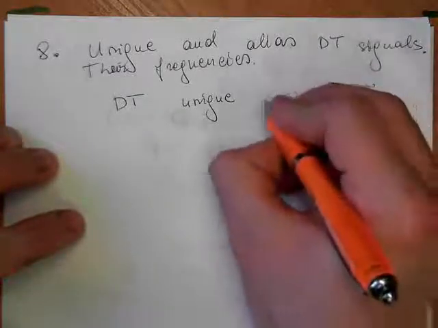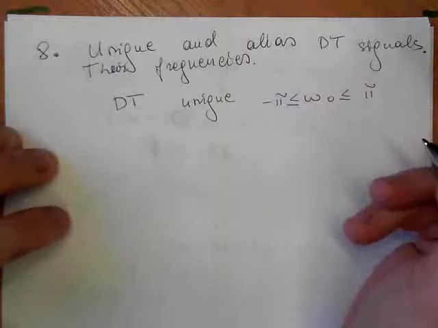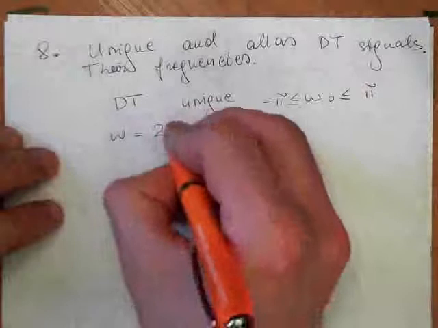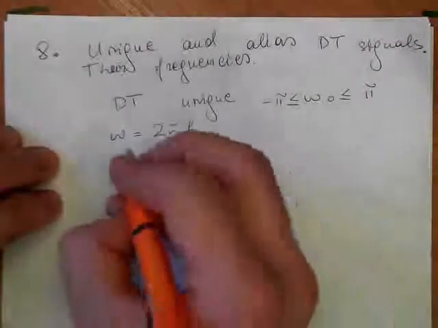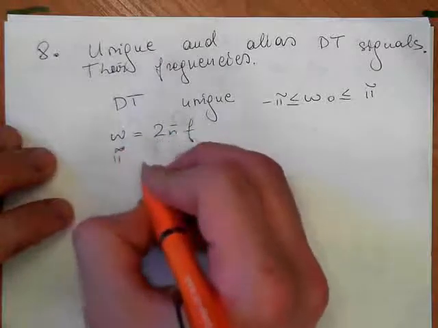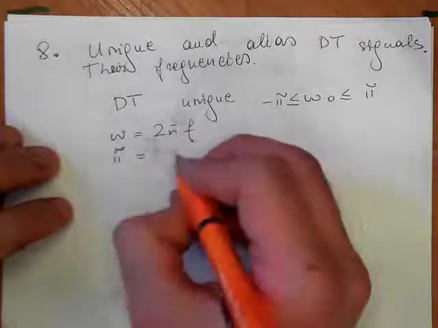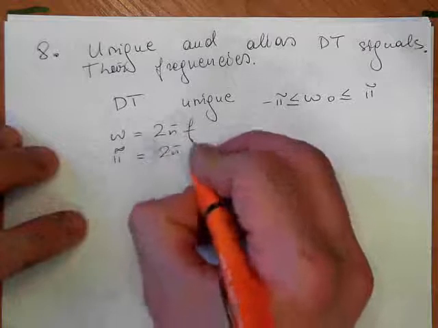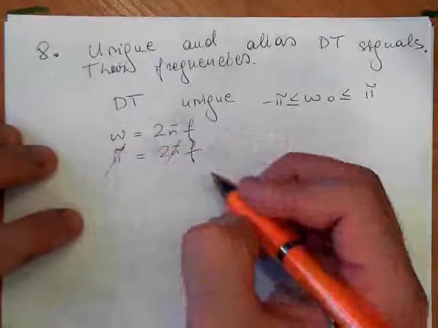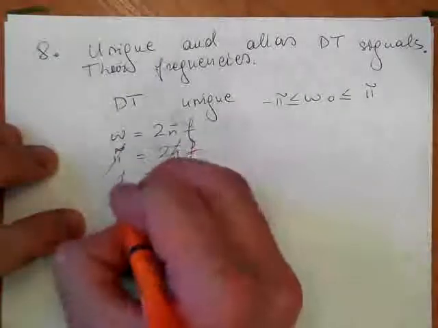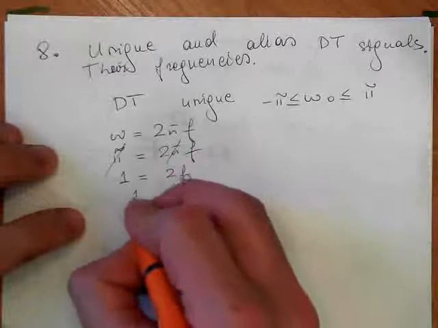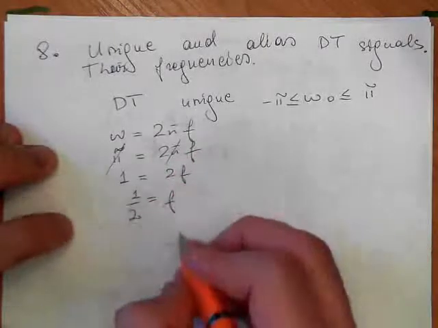Because omega is 2 pi f, if omega is pi, then 2 pi f divided by pi gives 1 = 2f, and f is a half.